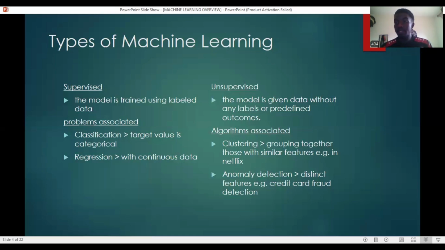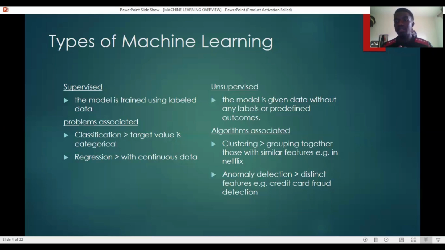Then unsupervised learning is where a model is given inputs without any labels, and it makes its own conclusions and patterns depending on the inputs, without outputs. For this case, the associated algorithms are clustering and anomaly detection. Clustering is whereby we group those with similar characteristics together. For Netflix, for example, we know these certain individuals watch these kinds of movies, so it is from that basis that we give the clustering.